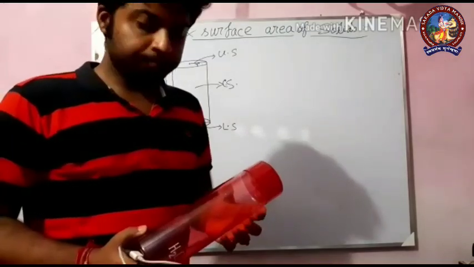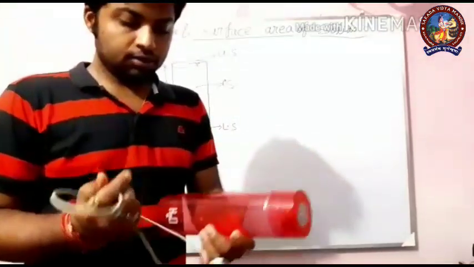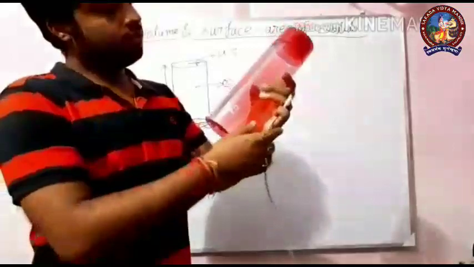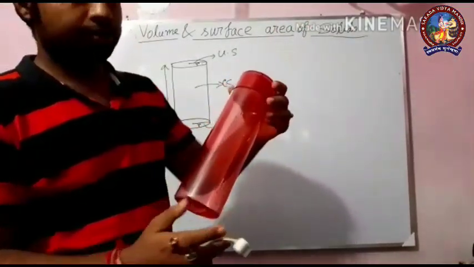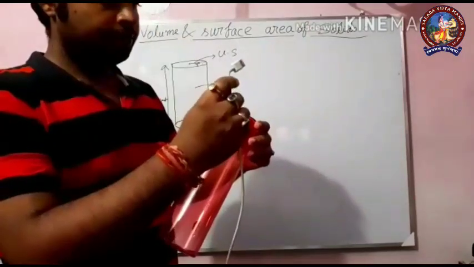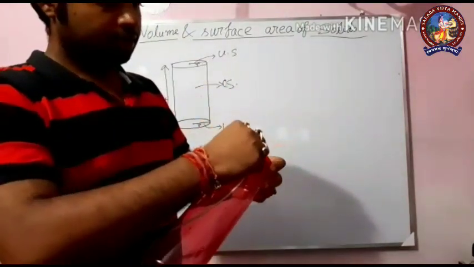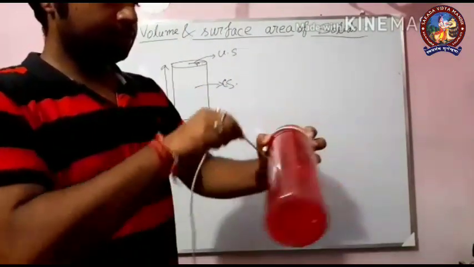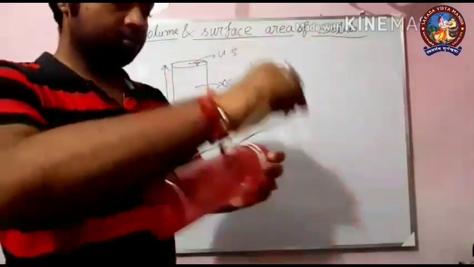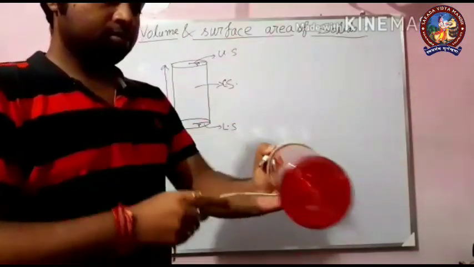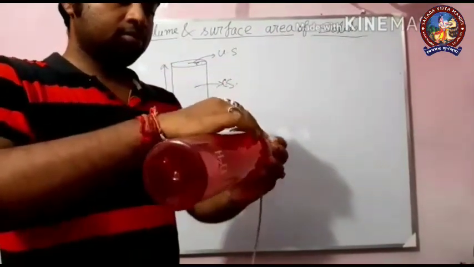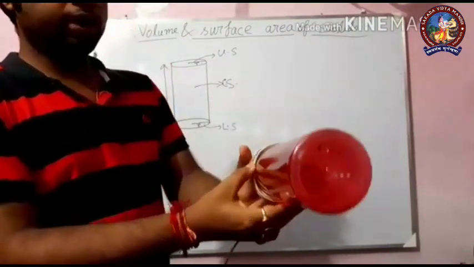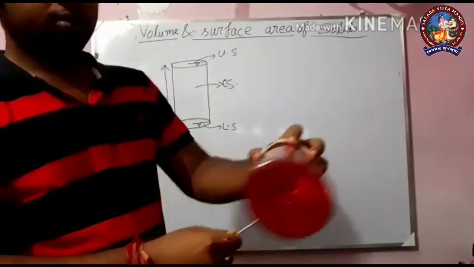see attentively. Suppose I am covering this curved surface of the cylinder with this wire, by rolling it, so that no gaps will be there in between.